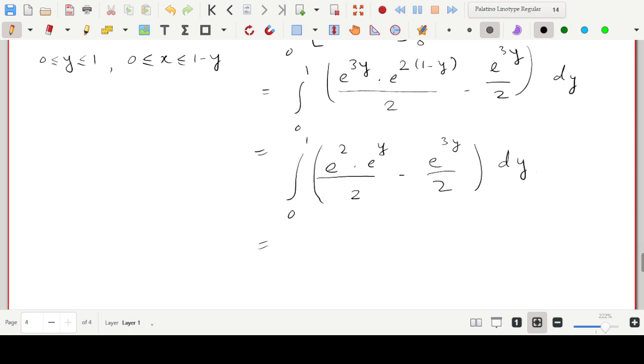Let us compute this. This is e squared e to the power y over 2, minus e to the power 3y over 6, from 0 to 1.